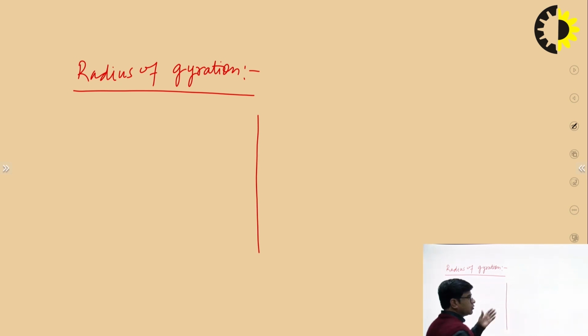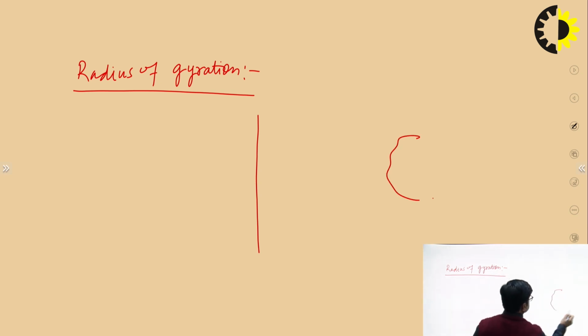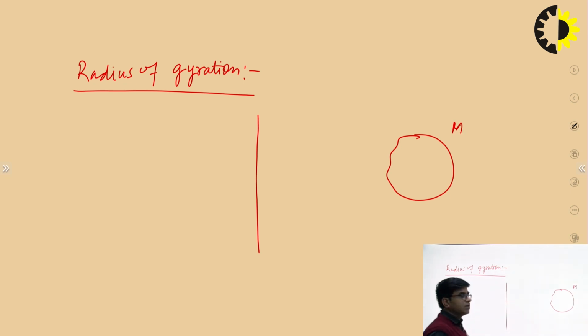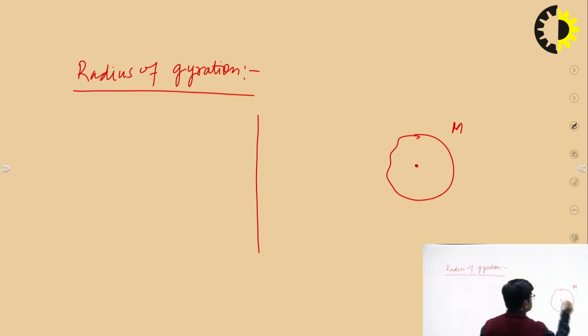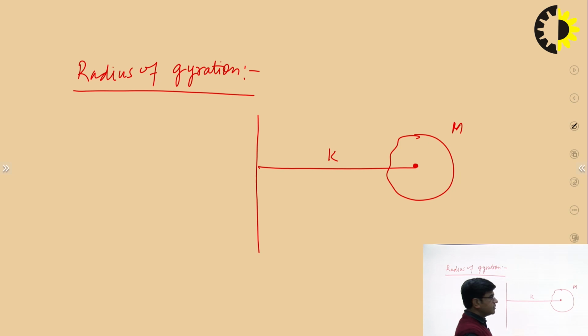So, say this is the axis about which I want to calculate the moment of inertia, and say this is the body whose mass is m. If I concentrate this whole mass at a point, say at this point, and I calculate the moment of inertia of this mass about this axis, I can write this: k is the radius of gyration and this is the mass m.